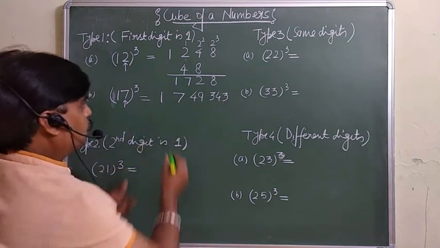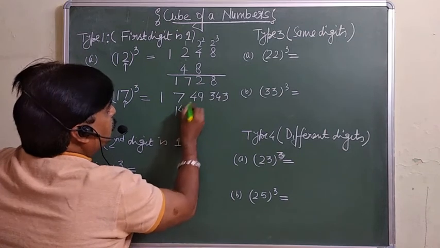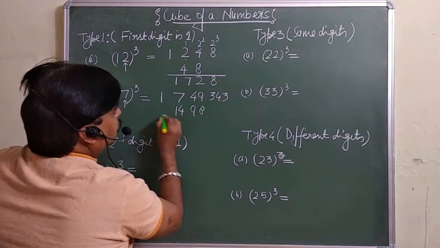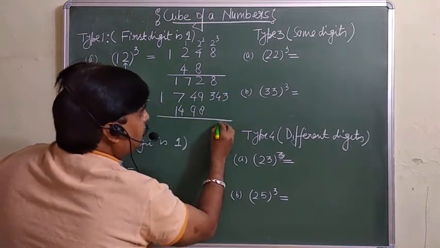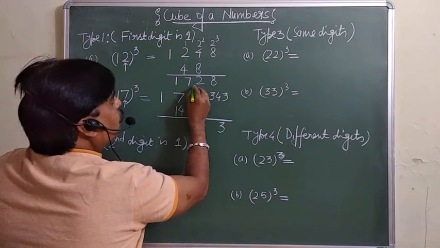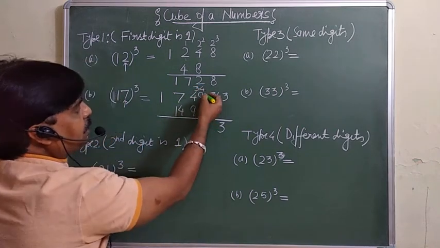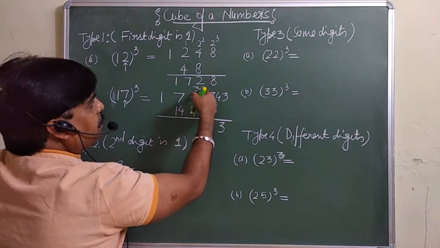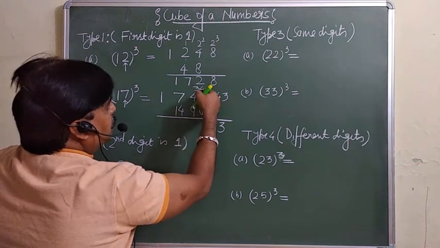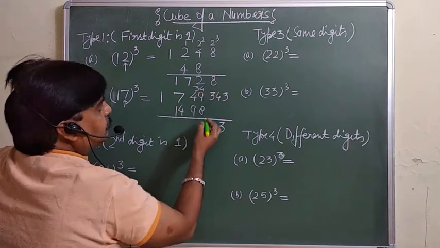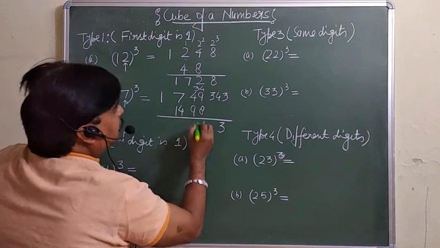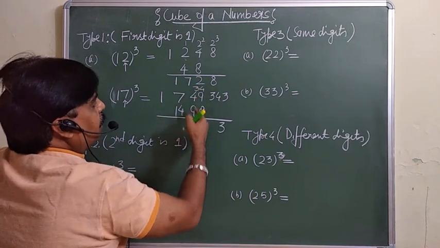Do the double of these two. So 7 times 2 is 14 and 98. Just add 1. 3 will come here. This 34 will be the carry. You must add 9 plus 8, 17 and 4, 21. 1 is here, 2, 5, 9, 18.